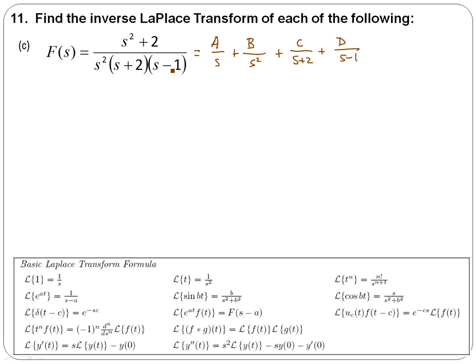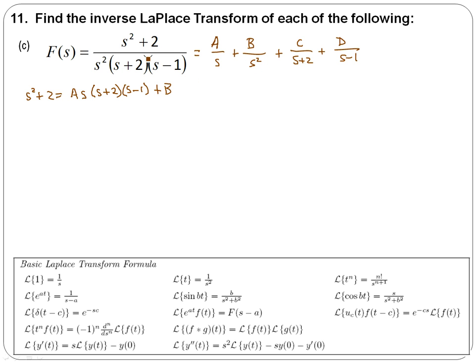If I multiply through by the common denominator, then I'll be left with s squared plus 2 is equal to a. Here I can cancel out one of the s's, but I'm still left with an s, and s plus 2, and an s minus 1. Then I have plus b.